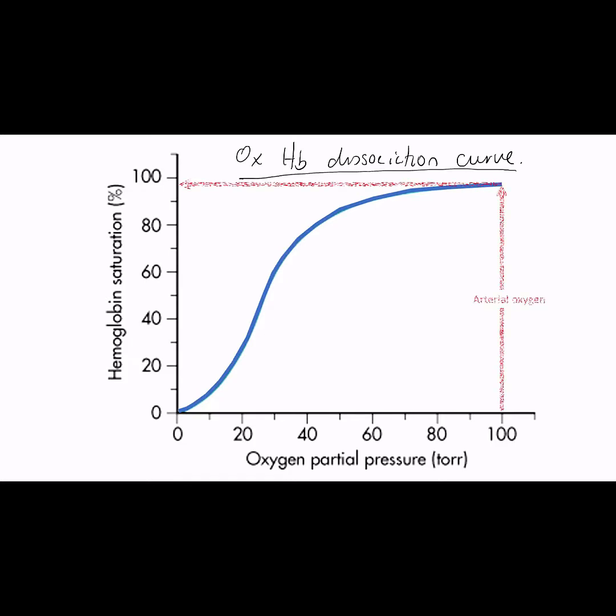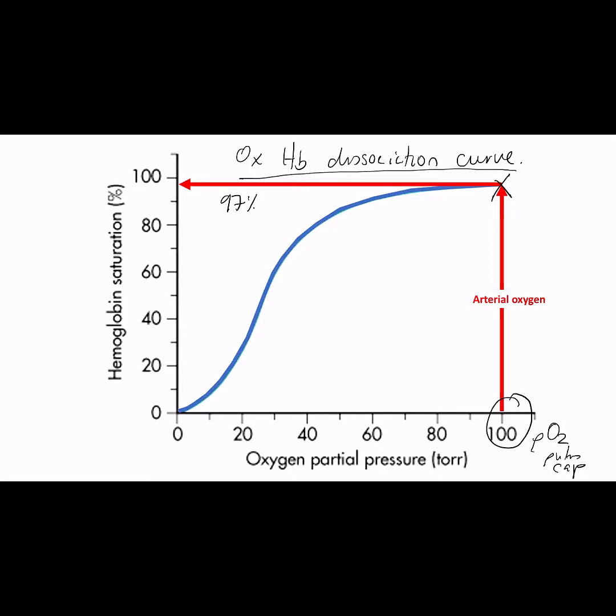So remember, 100 millimeters of mercury is the partial pressure of oxygen within the pulmonary capillaries, which has diffused down its concentration gradient from the alveoli. You can see that this corresponds to a haemoglobin saturation of about 97%.